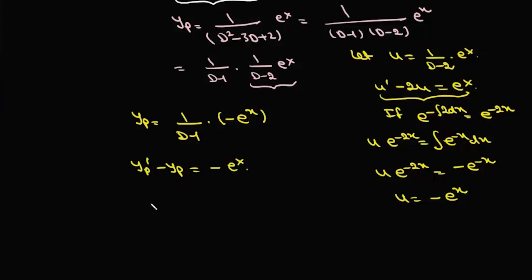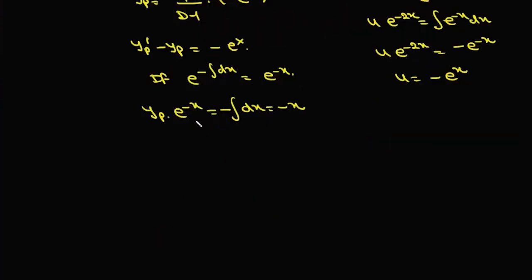Now this is linear in yp, its integrating factor will be e to the power minus integration of dx, so it will be e to the power minus x. So you can write yp e to the power minus x, and then it will be minus e to the power x into e to the power minus x, it will be simply 1. Now we'll take e to the power minus x to the right hand side, so this yp equals minus x into e to the power x.